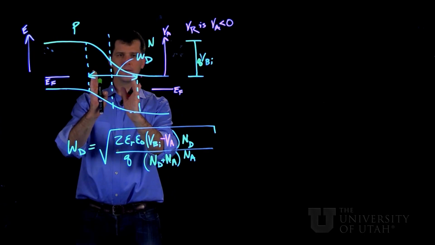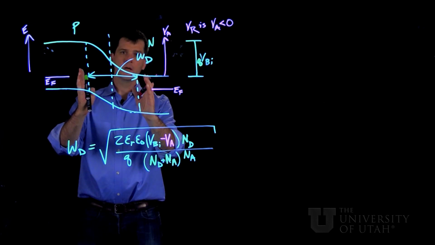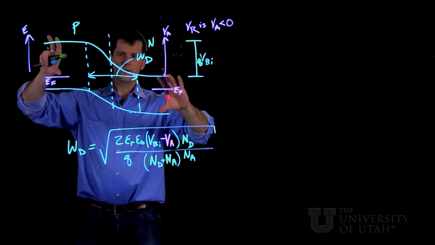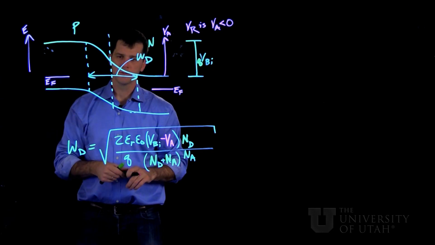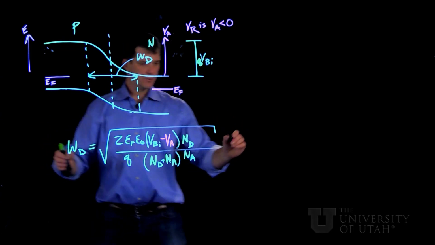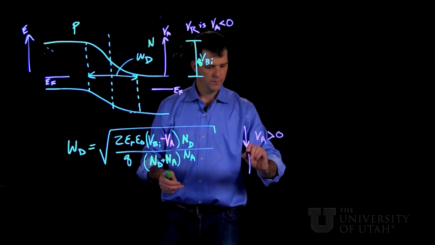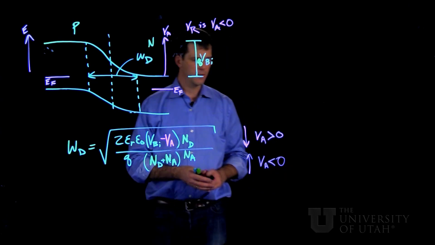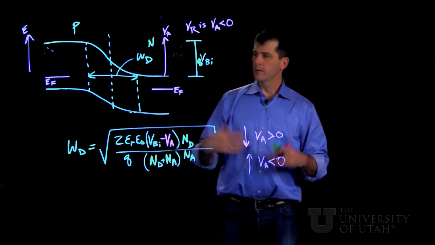So in reverse bias, the depletion width will have to expand, and the reason is it has to give more voltage, which means higher electric fields and wider depletion widths to encompass more charge on both sides. So again, the depletion width will shrink for voltages greater than 0 and get larger for reverse bias, or applied voltage less than 0.